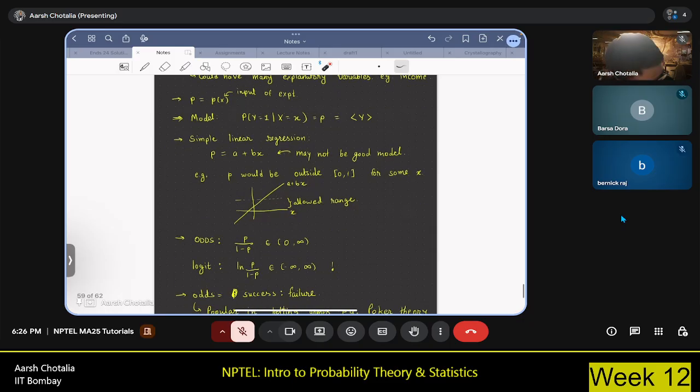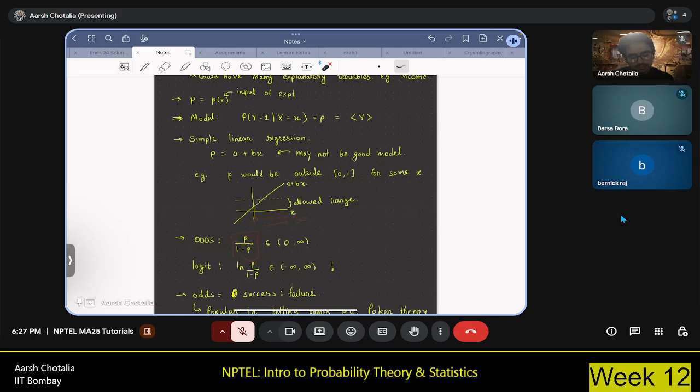So to have that, we first calculate odds, which is p divided by 1 minus p, which means the ratio of probability of success divided by probability of failure. So now it's a ratio of two probabilities such that their sum is 1. For example, if p is very close to 1, then this is very close to 1, but this becomes very close to 0, but slightly positive, which means this number goes to infinity as p goes to 1 from the left.